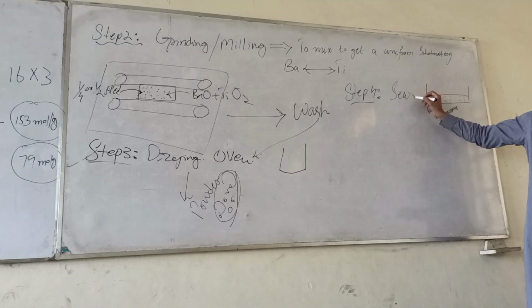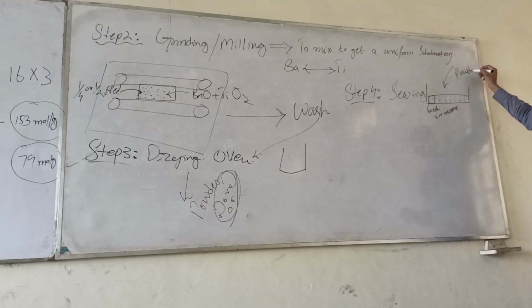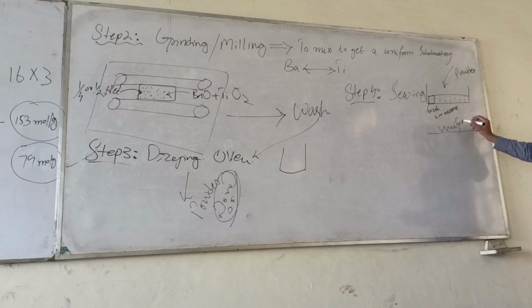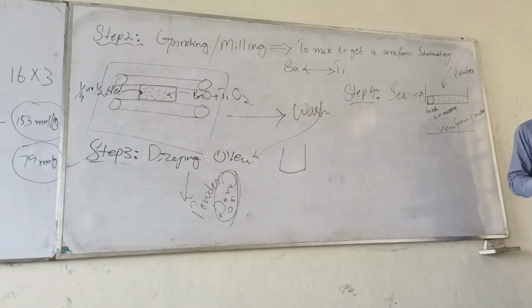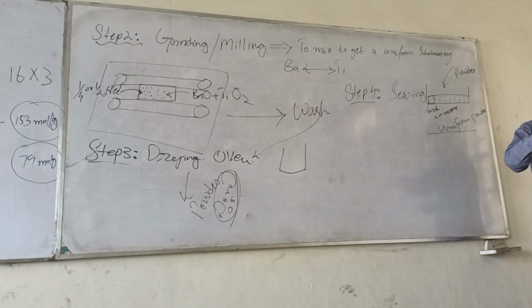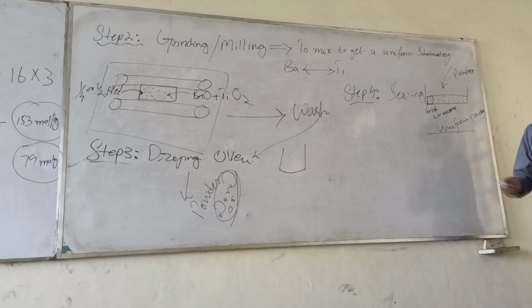And after sieving this powder, you will get a uniform powder, because the uniform powder is required for further processing. If the powder is not uniform, like if some cooking material is not properly mixed with a big spoon, your end product will not be good. Just like cooking, the process is the same here.